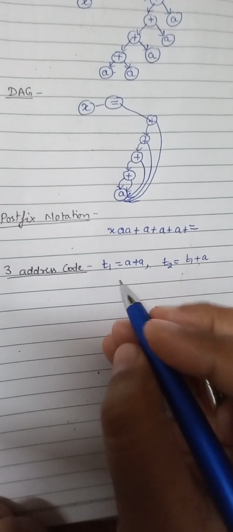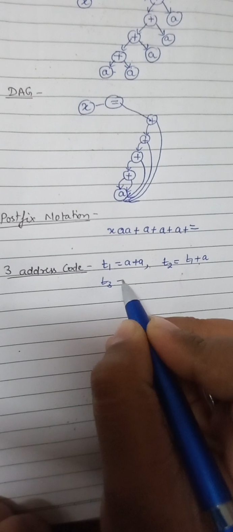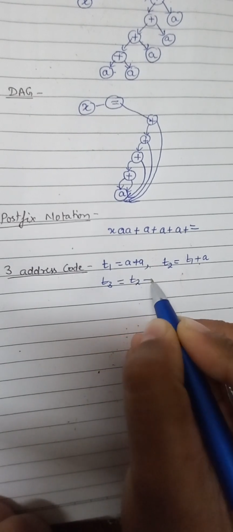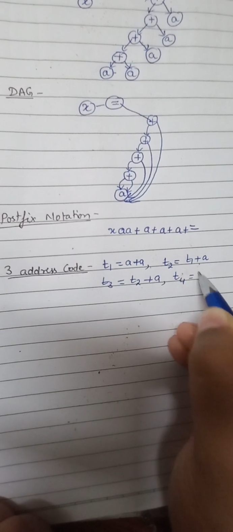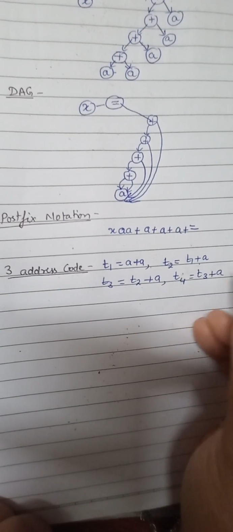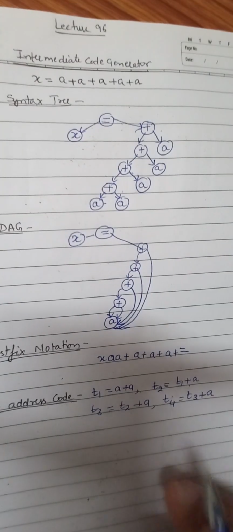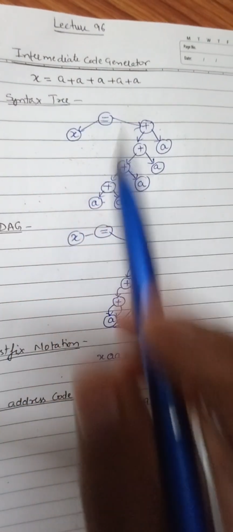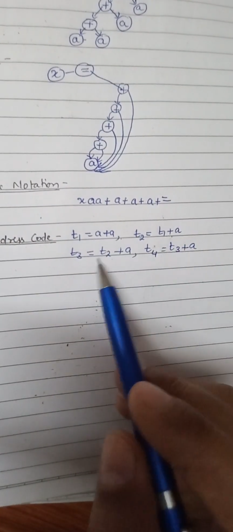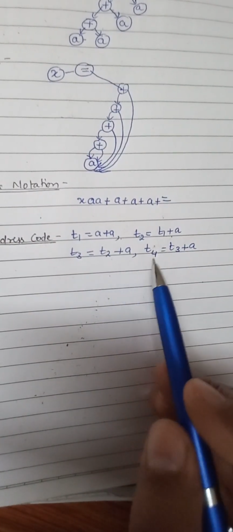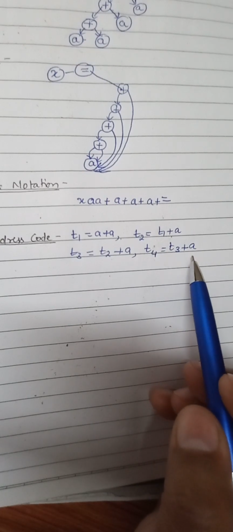For another a, we will take another variable t3. Here we will write t2 plus a. For another a, we will write another variable, that is t4 is equal to t3 plus a, because a total of 5 a's are there. We can see here total how many a's? 2, 3, 4, 5. So for 2 a's, we will take t1. For the third a, we will write t1 plus a. For the fourth one, we will write t2 plus a. For the fifth one, we will write t3 plus a.